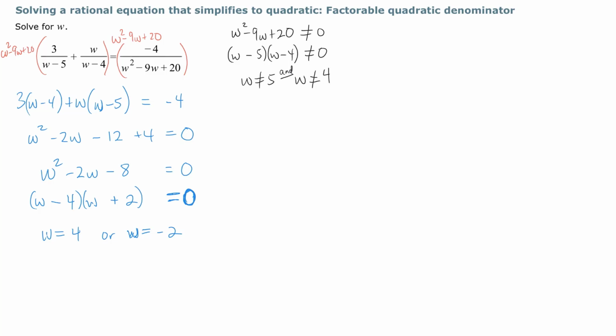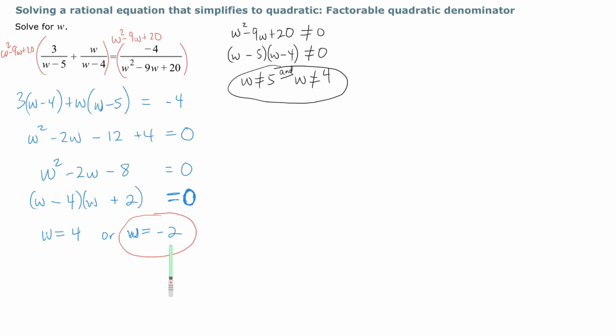Well, remember that w can't be 5 and w can't be 4. So the only correct answer here is this one: w can equal negative 2. And if you don't believe me, you can always go back, take this 4 and plug it into the original equation and see what happens.